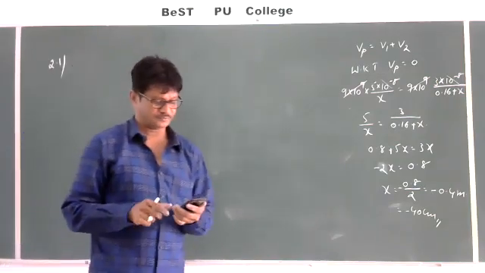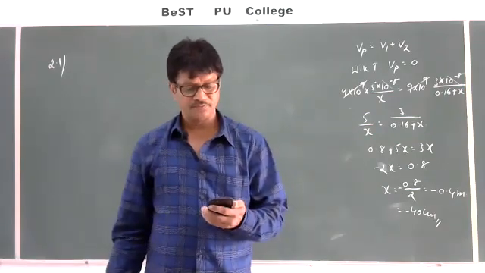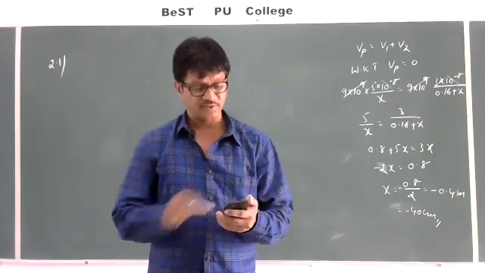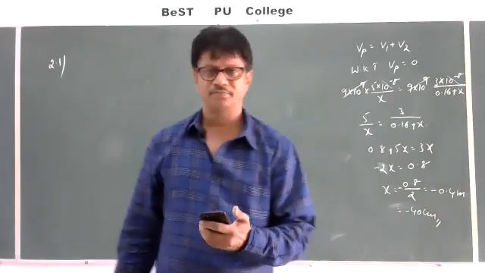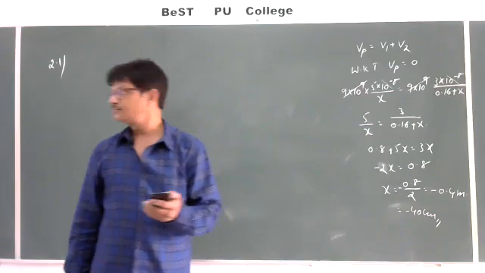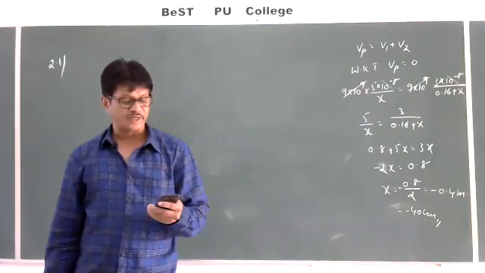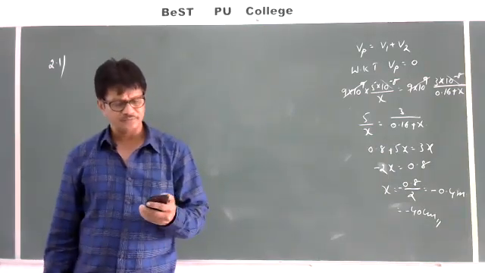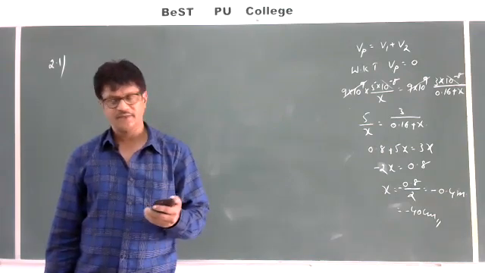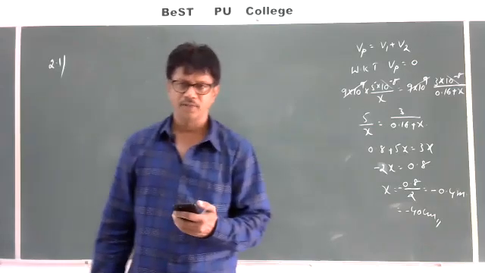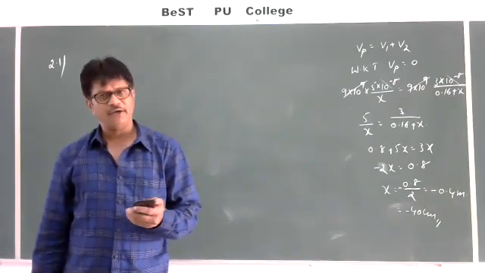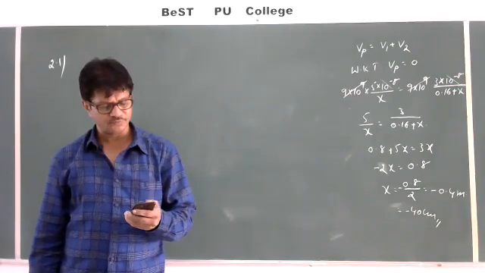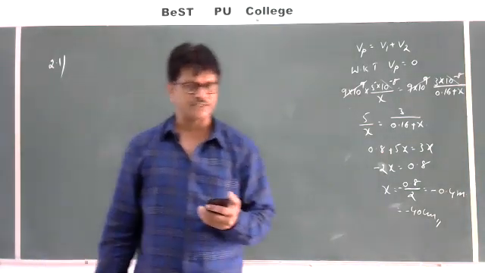Next, second problem. A regular hexagon of side 10 centimeter has a charge 5 microcoulomb at each of its vertices.